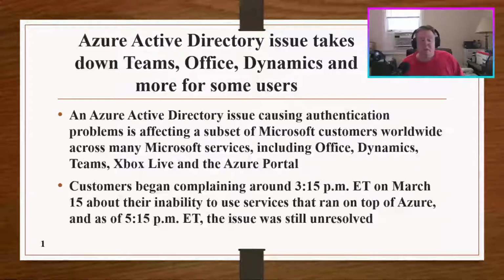Customers began complaining around 3:15 p.m. Eastern Time on March 15th about their inability to use services that ran on top of Azure, and as of 5:15 p.m. Eastern Time, the issue was still unresolved.